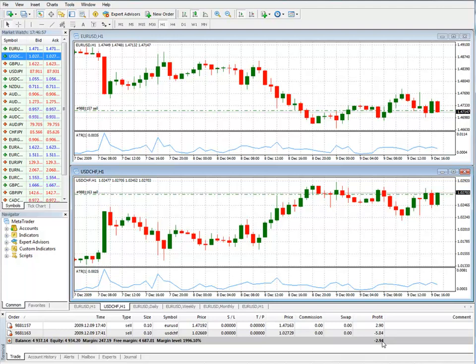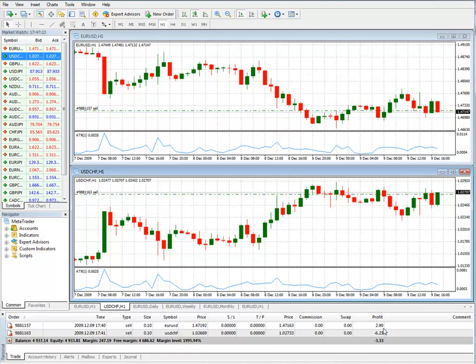Now here's another technique that you can use. You can actually leg into these. You could actually sell at the same point we sold before, the euro dollar US dollar, and then allow it to move into a profit.